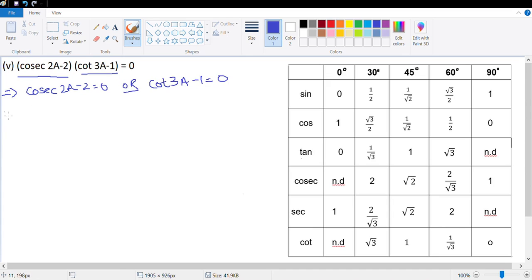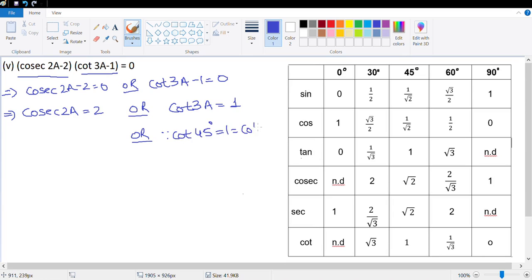Let's look at the first part, which means this becomes cosec 2a is equal to 2, or this becomes cot 3a is equal to 1. Now here this is cot 45. So since cot 45 degree is equal to 1, which is given equal to cot 3a, which means 3a is equal to 45 degree, which means a is equal to 15 degree.